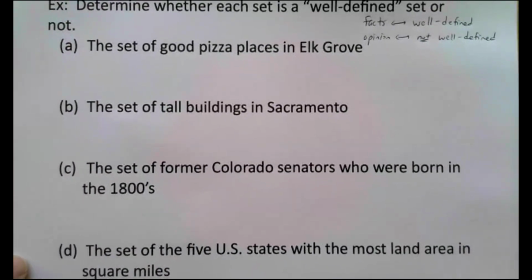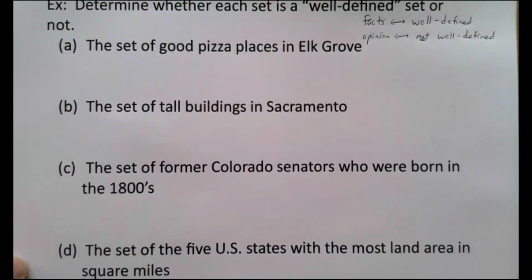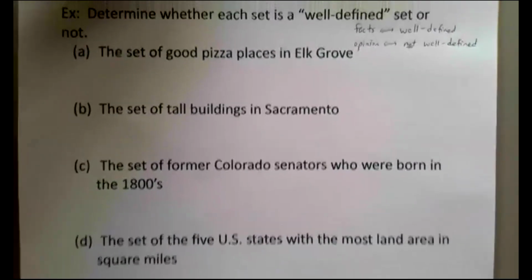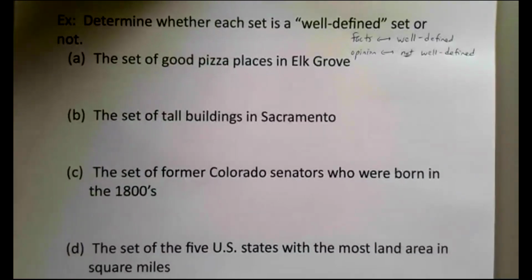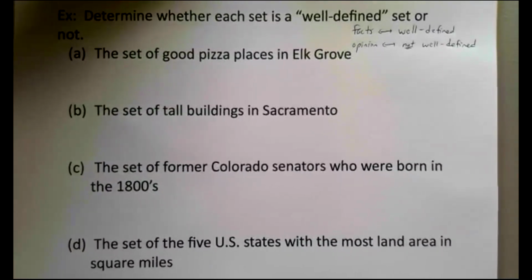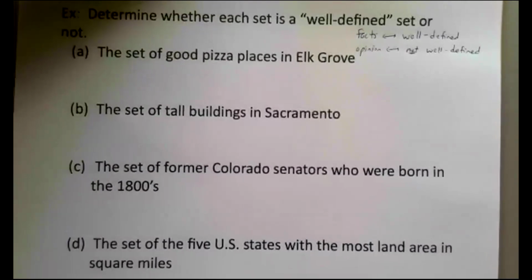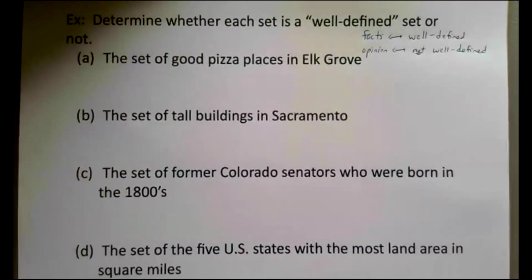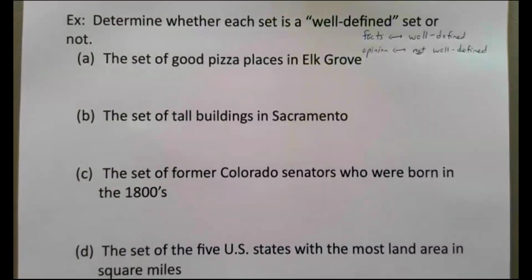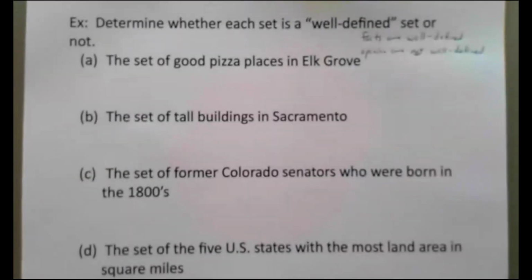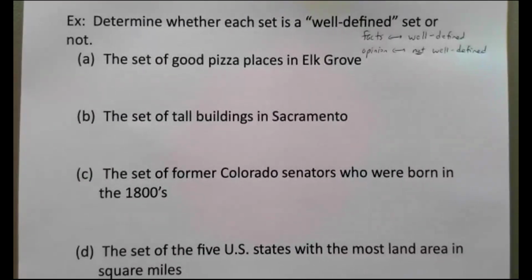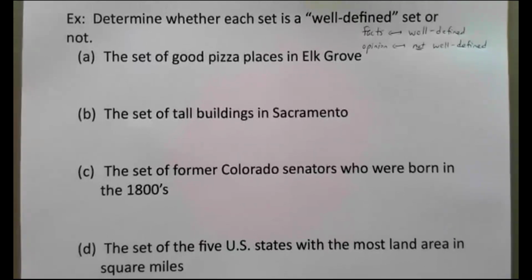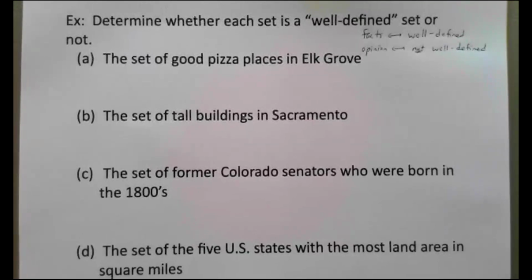So take a minute and pause this and try to see what you think about these 4 questions. The set of good pizza places in Elk Grove, the set of tall buildings in Sacramento, the set of former Colorado senators born in the 1800s, and finally the set of the 5 U.S. states with the most land area in square miles.